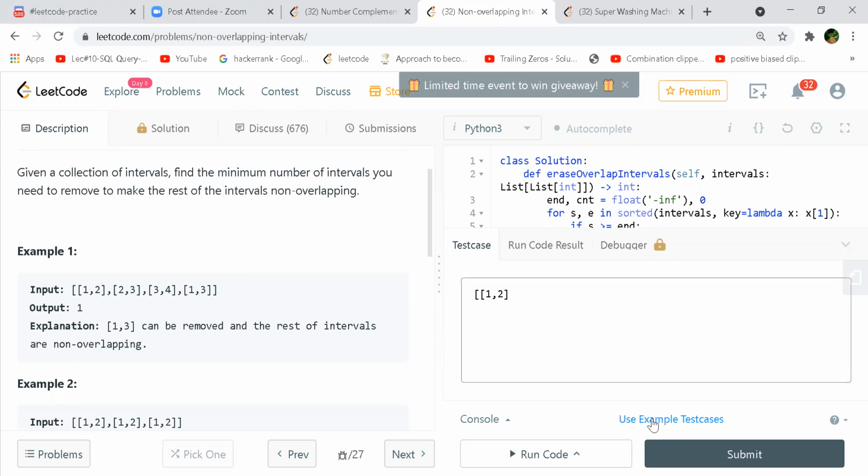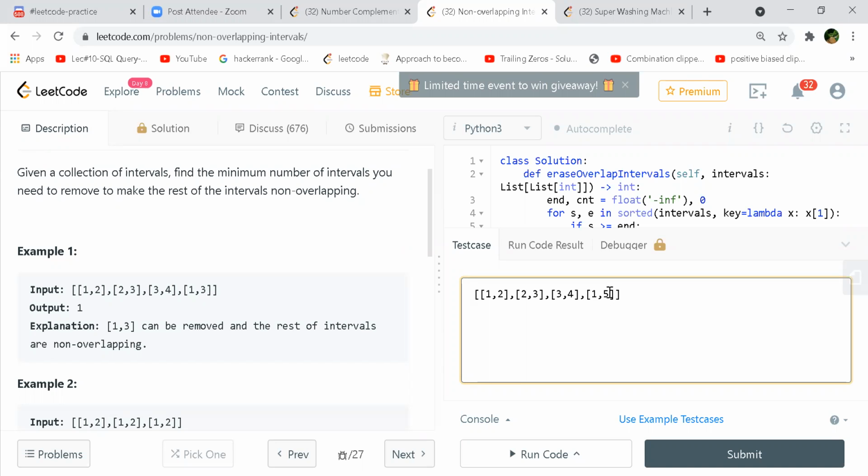Let's take an example. You're saying that if you sort based on the end, we have a result like 1 5 and 2 5, correct? Yes, 1 5 will surely come before 2 5 in that case, because both fives are the same, so 1 will come before 2.